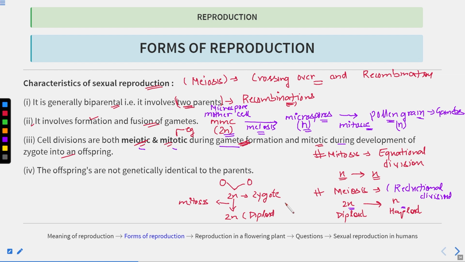Okay, it will give rise to a diploid individual. Clear?